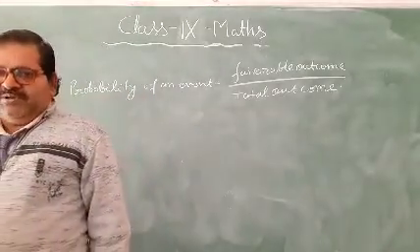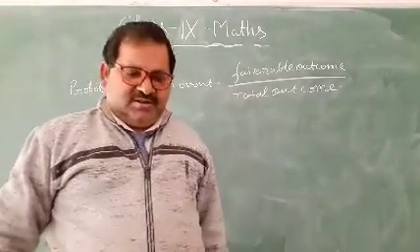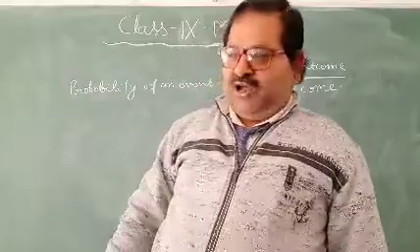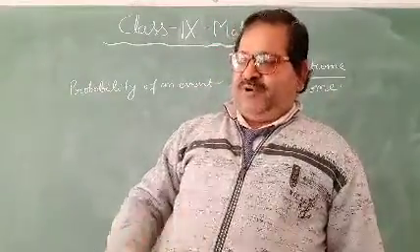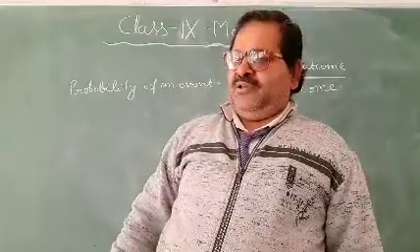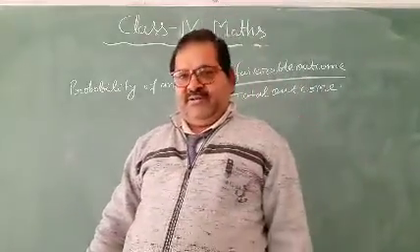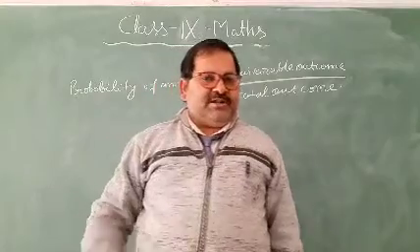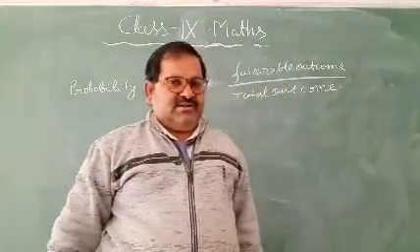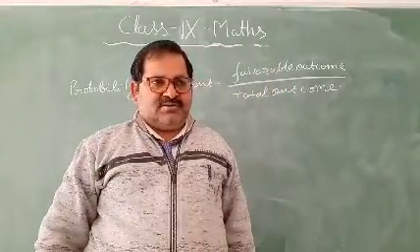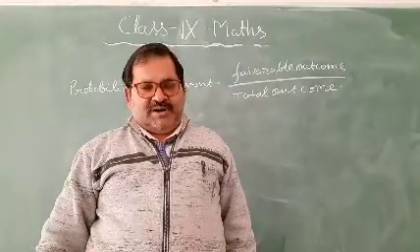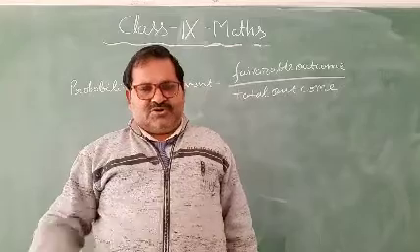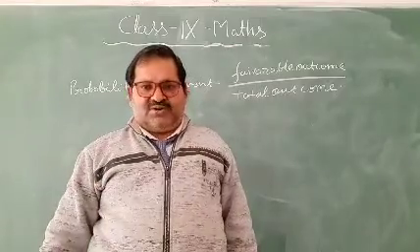Now this is the formula of finding the probability of an event: the favorable outcome upon total number of outcomes.